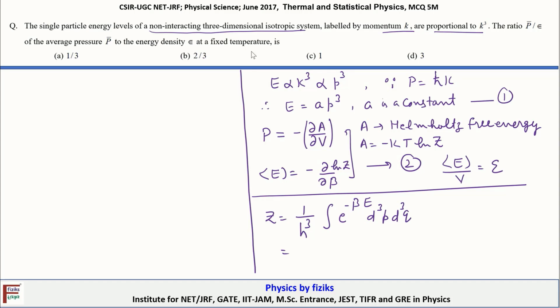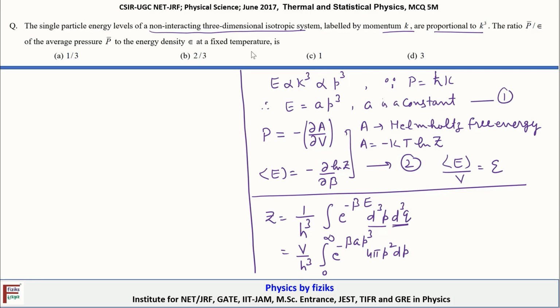And this is equal to, the integral over q will give us the V, so we can write it as V upon h cube, and then the integral of exponential minus beta E, where E is a p cube, and then d3p, so 4 pi p square dp.